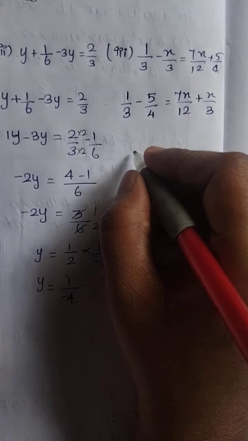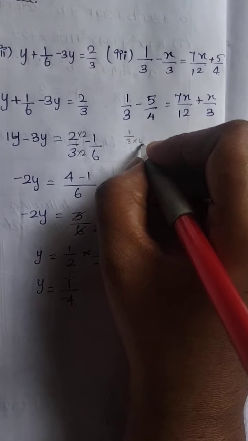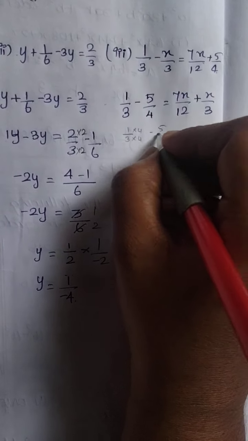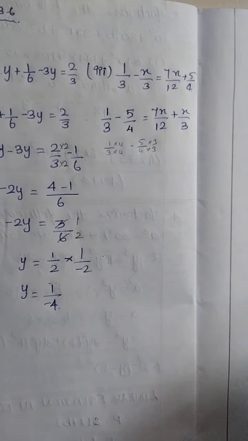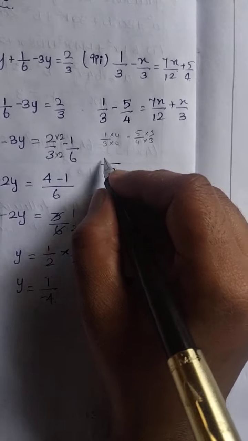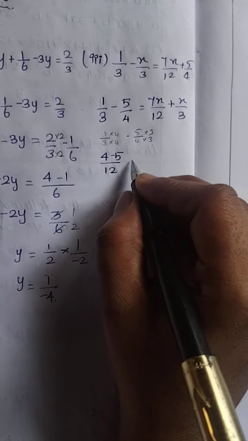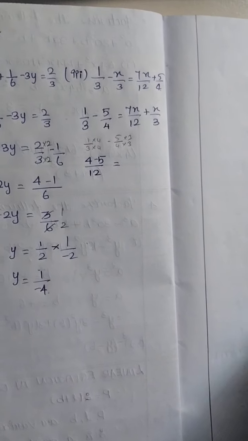Yes, 4 3s are 12. So 1/3 becomes 4 into 4, then −5/4 becomes 3 into 3. If we calculate these two, the denominator will be the same, 12. Then 4 − 5. What is that? 4 − 5 is equal to 7x/12 and x/3.